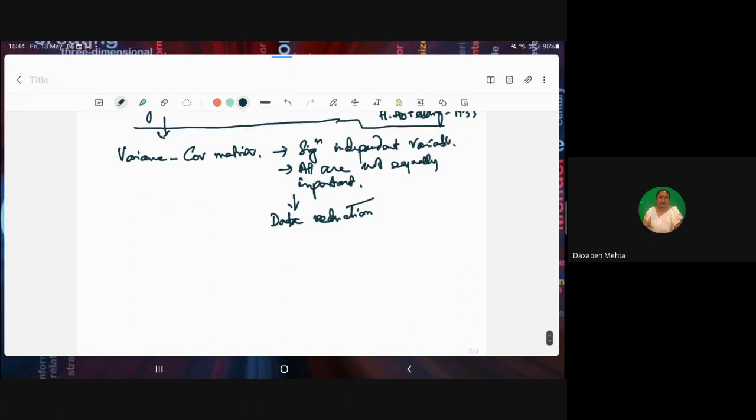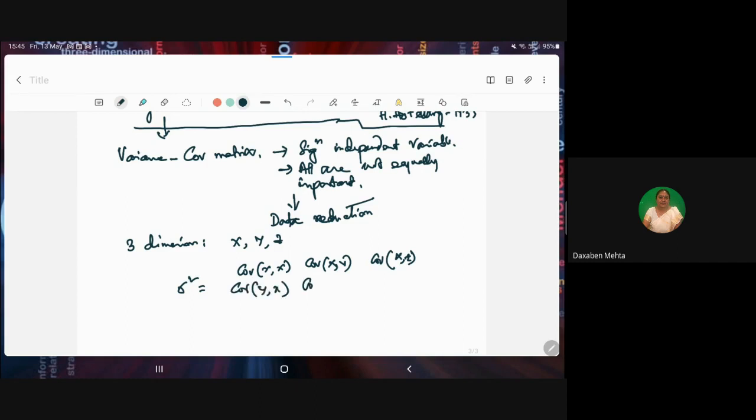So let us start with a three-dimensional situation, that is three variables x, y, z. This is for your understanding, and you get the variance covariance matrix in this form. There is the covariance between xx, xy, xz, between yx, yy, yz, and between zx, zy, zz.